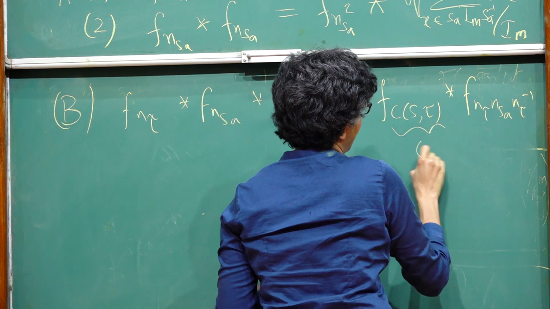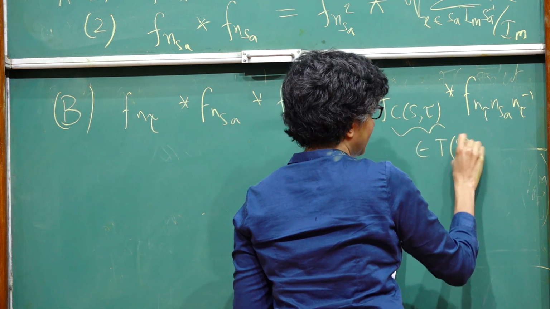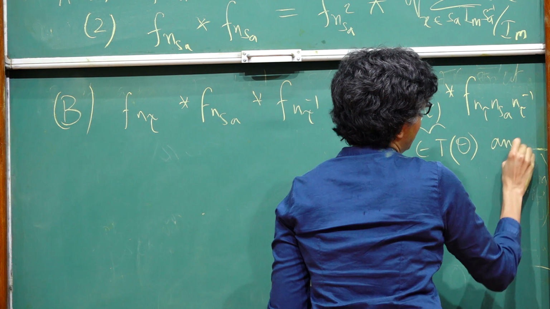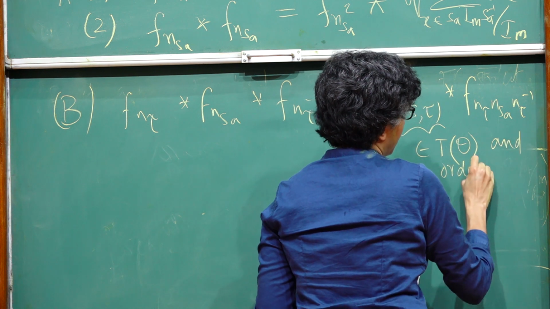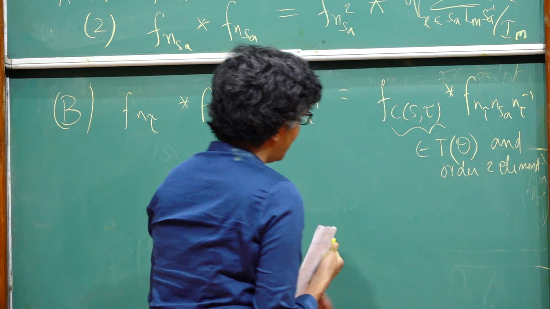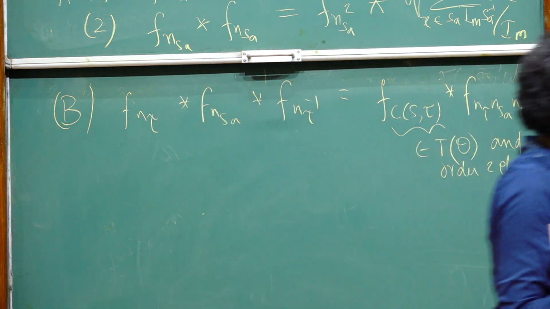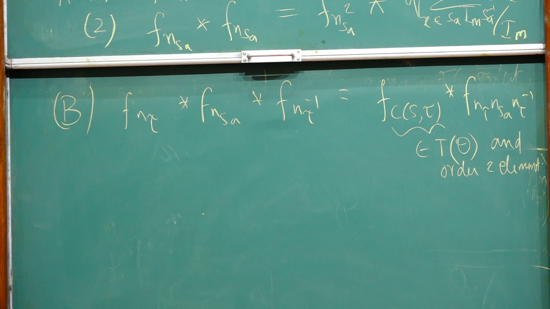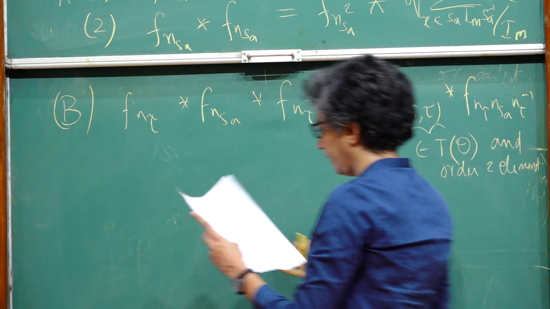So this is actually in T of O in this case, an order 2 element. So when you multiply the representatives for the elements of the Weyl group that are not length additive, some collapsing will happen and you will pick up some order 2 elements. That's how this shows up.